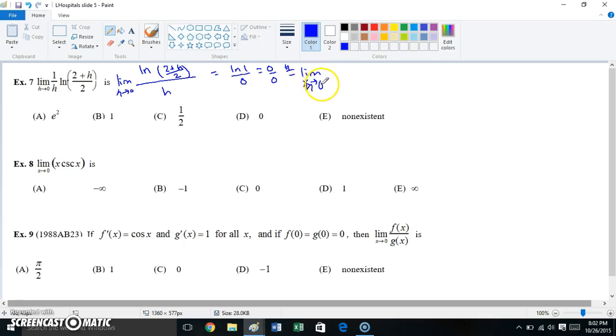So that's an h. Okay, so we're going to take the derivative of the denominator, which is 1. We're going to take the derivative of the natural log of 2 plus h over 2. So that's 1 over 2 plus h over 2. Why don't we just automatically write that as the reciprocal?